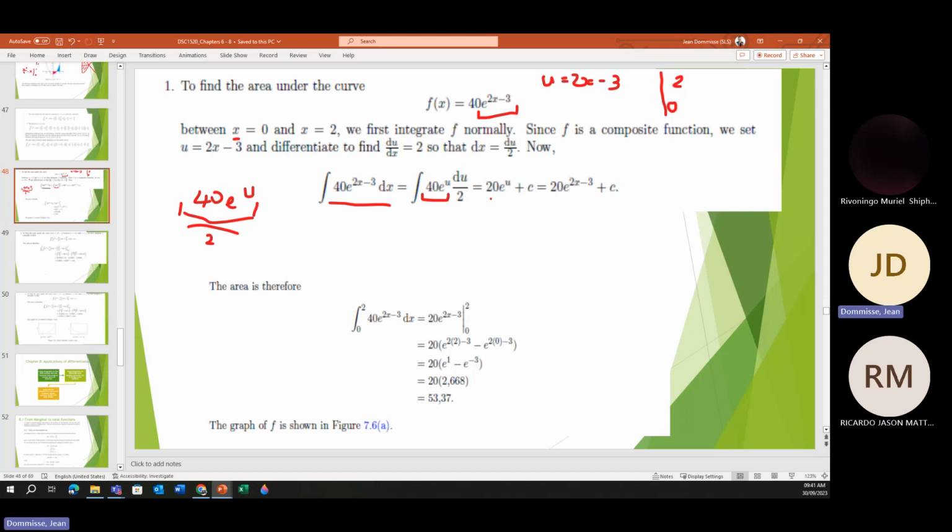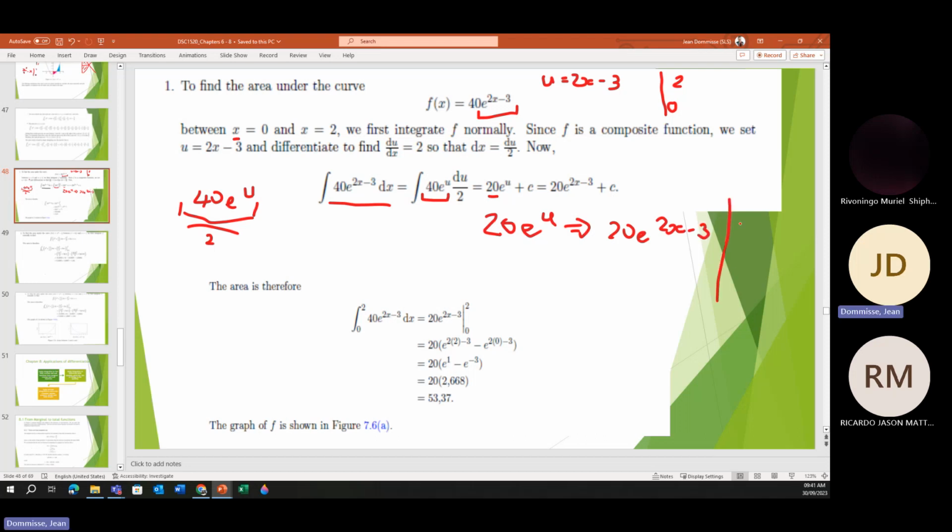So 40 divided by 2 is 20. So we will then sit with this one, and we will change the u again. So we will substitute the u back.